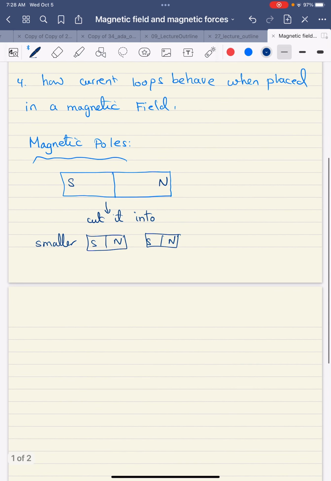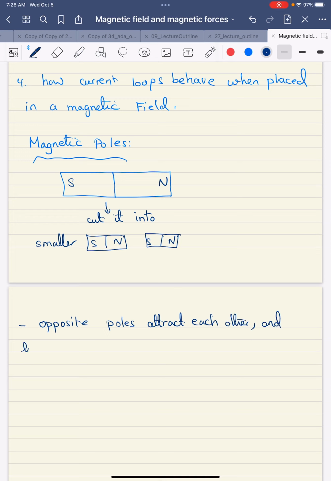Now, one also important rule, it is opposite poles attract each other, and like poles repel each other.